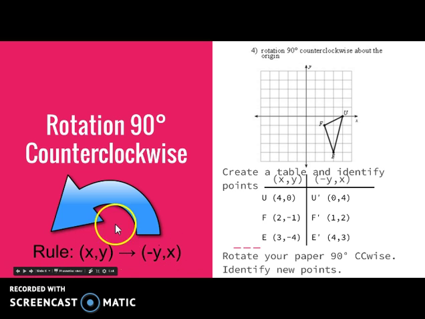And then there is a rule for counterclockwise rotations of 90 degrees that we should probably follow. A 90-degree rotation counterclockwise follows this rule. So you need to write that down, but make sure you specify that it is for a 90-degree counterclockwise rotation.